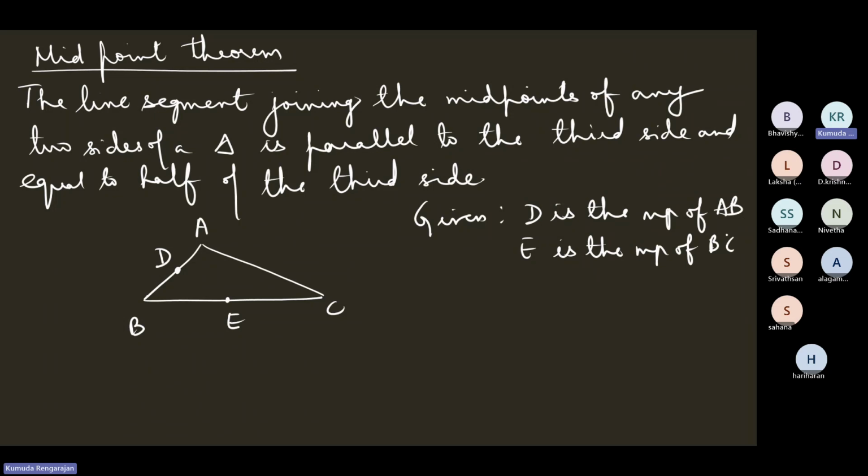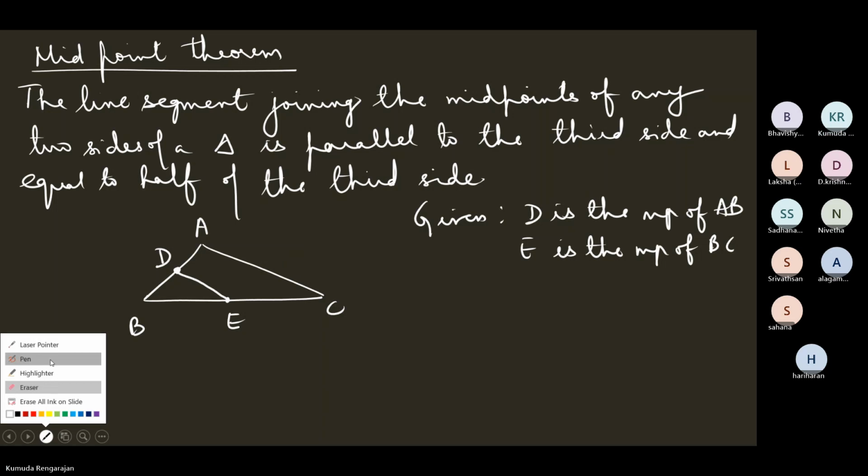Now, if these two pieces of information are given, then we can conclude that DE is the line segment joining the midpoints. D is the midpoint of AB, and E is the midpoint of BC. So which is the third side which we have not still spoken about? It's AC. The third side is that side which we have not still spoken about.